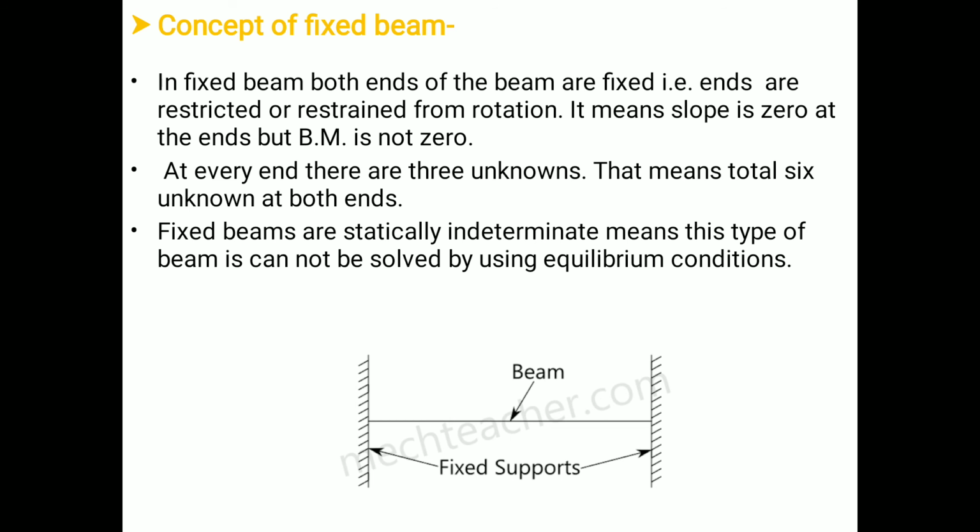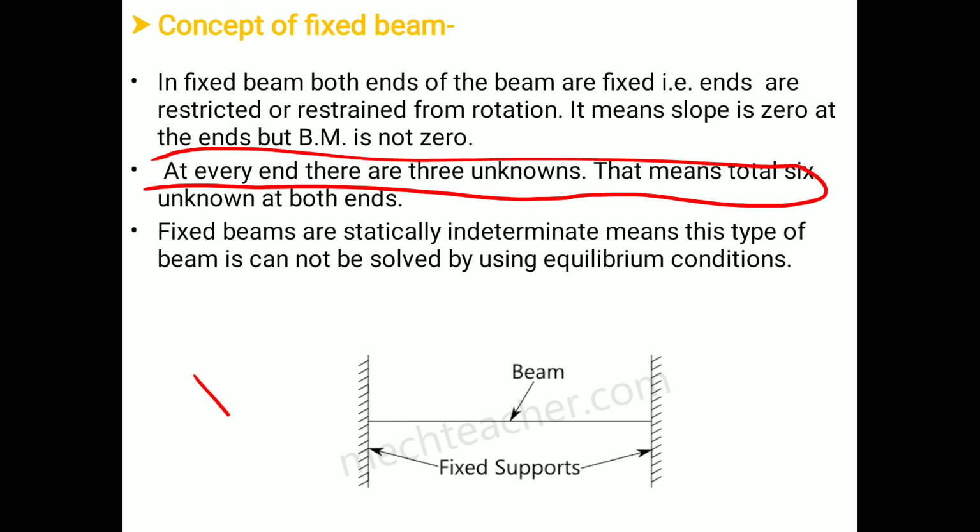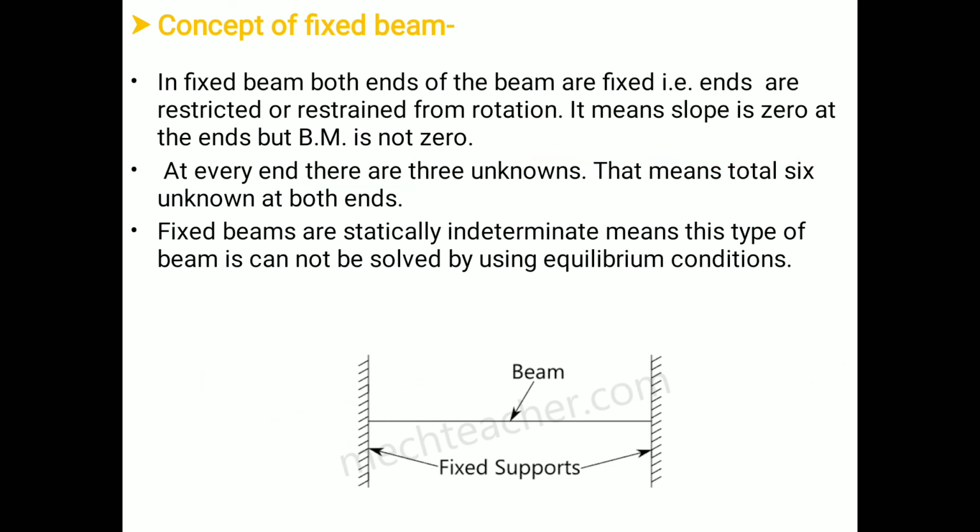In case of a fixed beam, at every end there are 3 unknowns. That means a total of 6 unknowns are there, because 3 plus 3 is 6, and as there are 6 unknowns, we have only 3 equilibrium conditions. So we cannot find out those 6 unknowns by 3 equilibrium conditions.